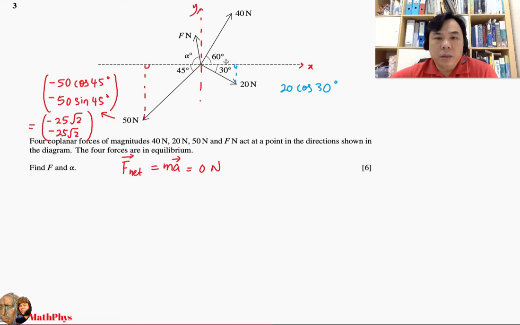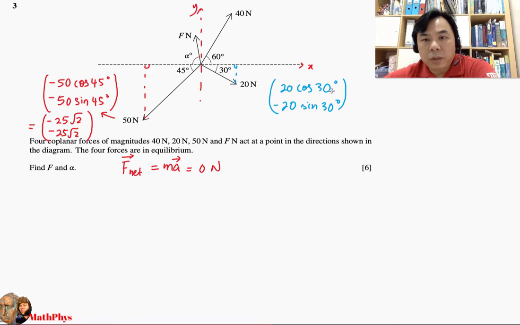Now because it's in the fourth quadrant in this case, the x component is positive, but it is moving downwards for the y component. Now the y component is negative 20 sine 30 here. And then there you have it. That's how we represent the force 20 Newton in its vector form.